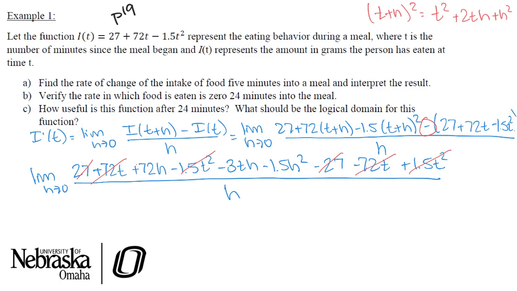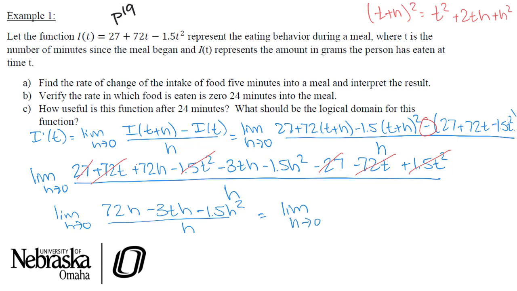So next step, the limit as h approaches 0 of 72h minus 3th minus 1.5h squared, all over h. As you can see, an h will cancel out of each term in the numerator. So we would have 72 minus 3t minus 1.5h. If h is approaching 0 and we have the limit of a polynomial, we can just plug in our limit value. So we get 72 minus 3t.